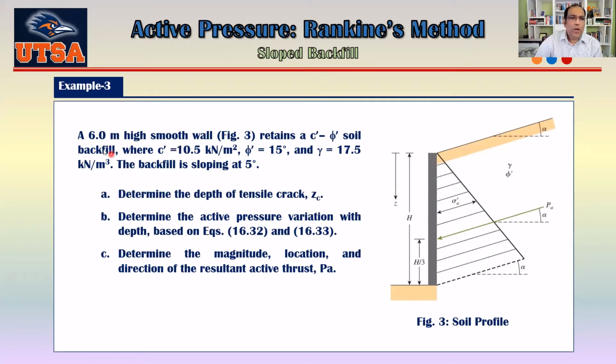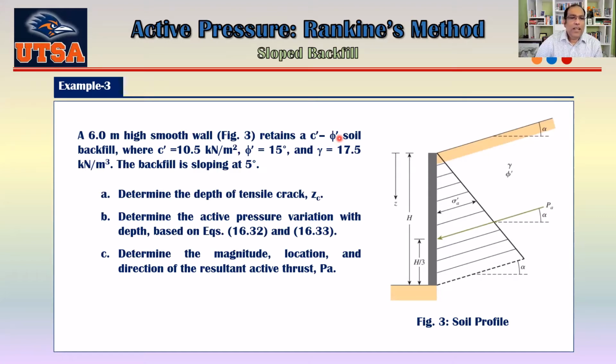Now, the problem is saying that a 6-meter high smooth wall retains a C-Phi soil. C-Phi soil means the soil which has C as well as Phi. Means like this is actually the mixture of the sand and clay, okay? Most of the soil is kind of C-Phi soil. Purely clay or purely sand is actually much less than your C-Phi soil, okay?